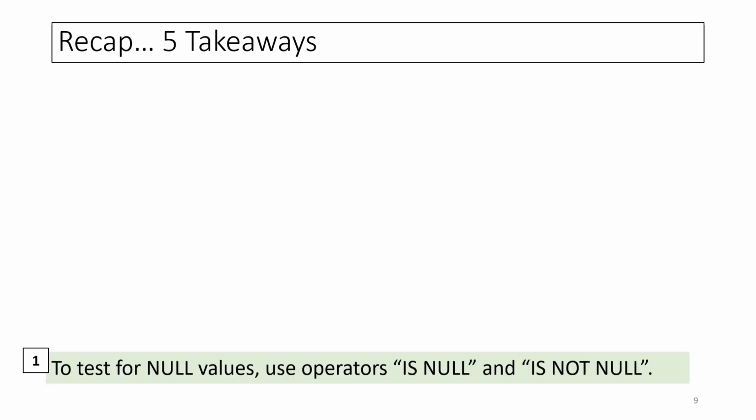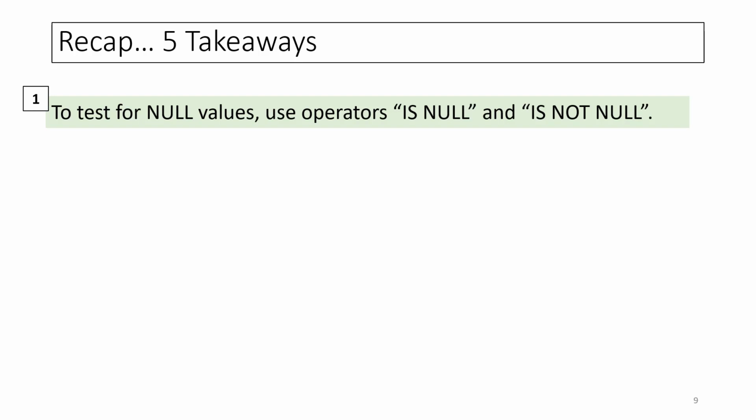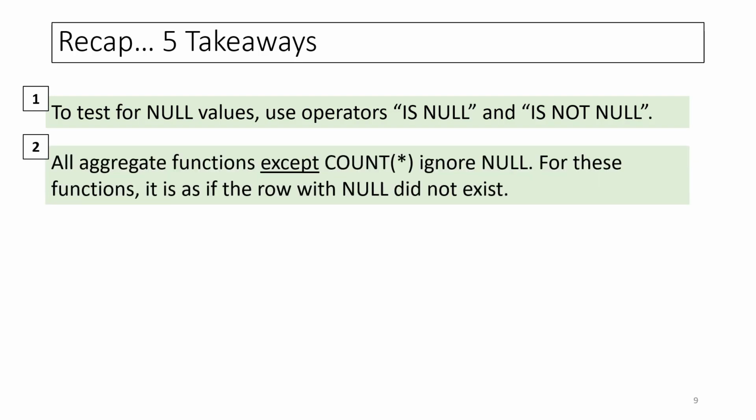Finally, to recap, there are 5 takeaways. First, to test for null values, use operators is null and is not null. Don't use comparison operators equal or not equal. 2, all aggregate functions except count star ignore null.